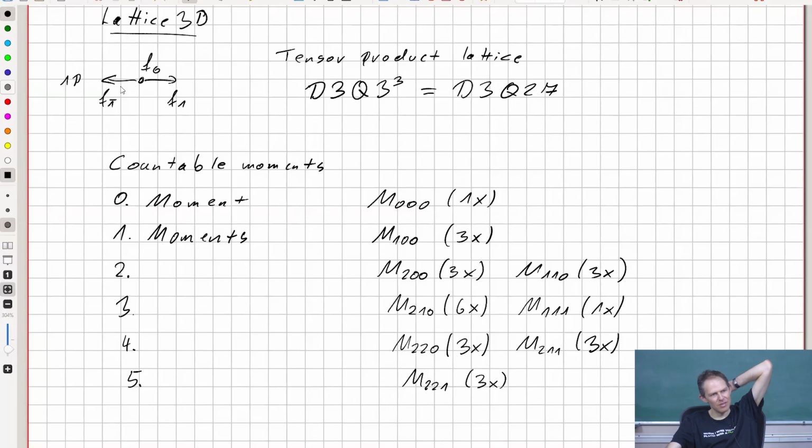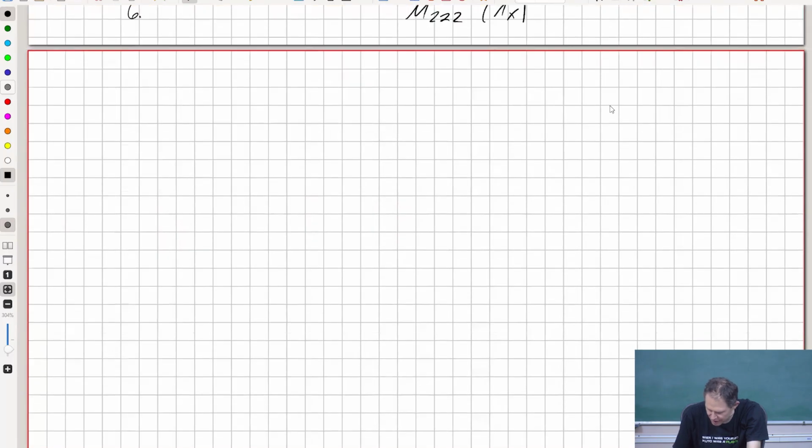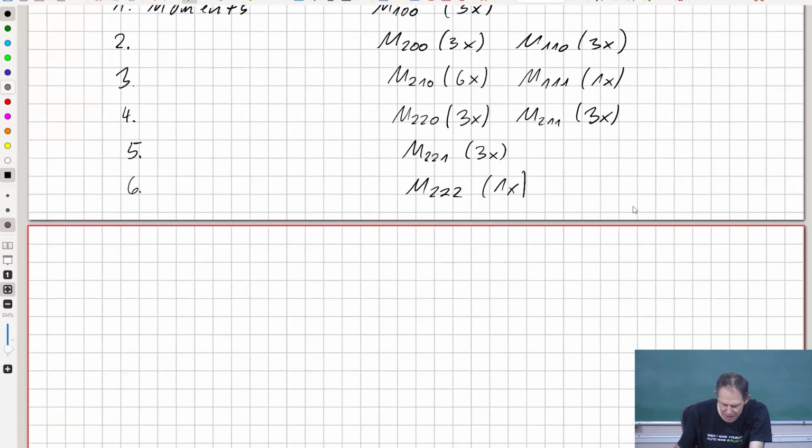Okay, so then here we have M, so okay, I think these have been it, and then we have this one here, which obviously has one permutation. And if you count all of them together, you'll end up with 27 independent moments.